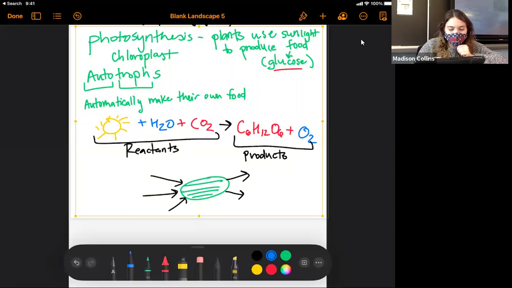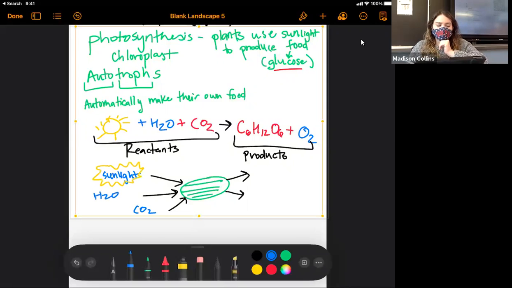So the 3 reactants that go into the chloroplast are going to be sunlight, water, and CO2.